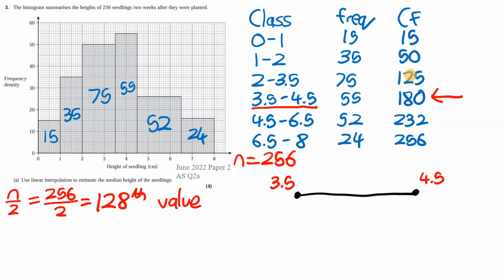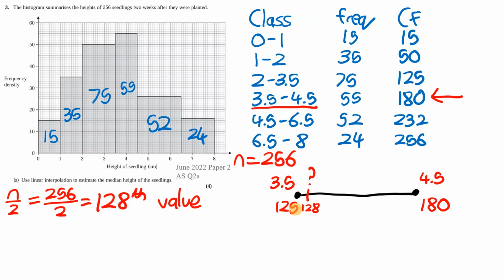And if we look at the cumulative frequencies, it starts at 125 and it ends at 180. Now we're looking for the 128 value. Between 125 and 180, 128 is going to be right at the beginning. It's going to be here, 128, and we're trying to find this value in the interval.